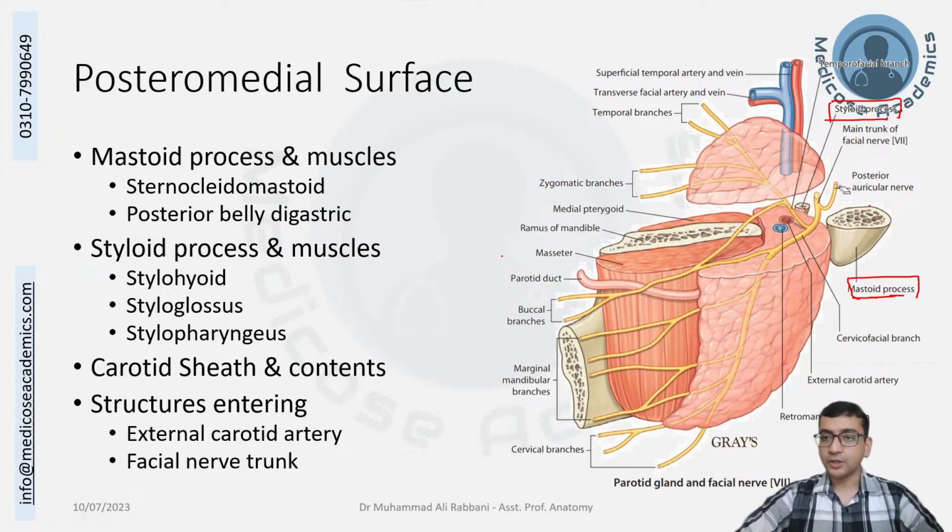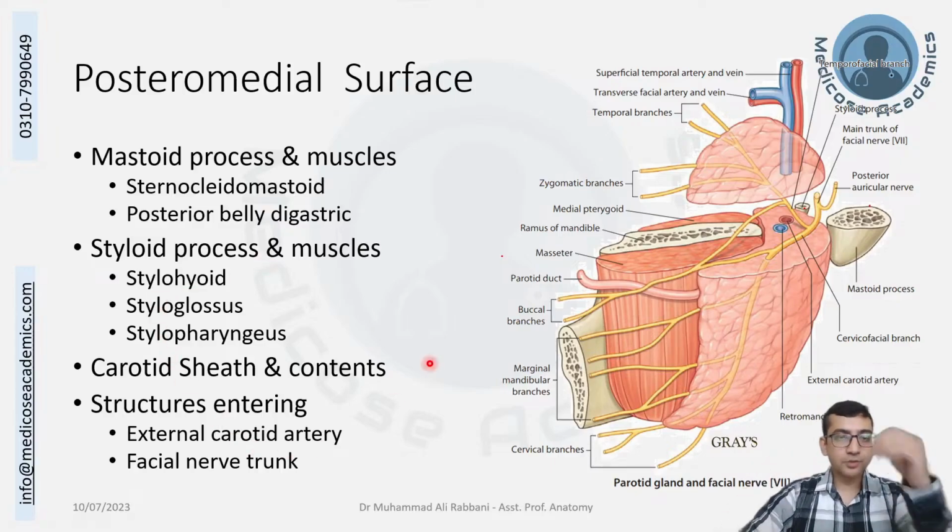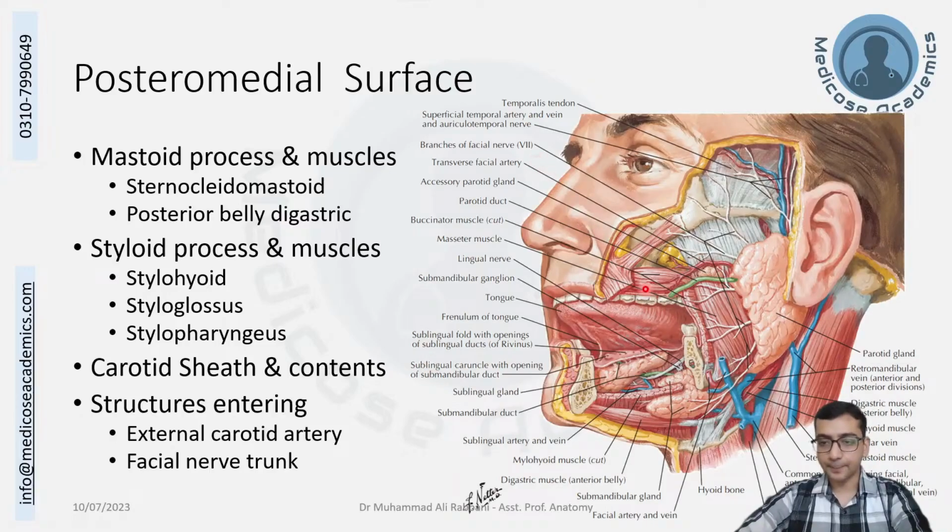We talked about the exiting branches of the facial nerve and the external carotid artery. They have to exit somewhere, and this is this surface. The facial nerve is exiting here, and the external carotid artery is coming upwards and entering from this posteromedial surface. These are attached to the posteromedial surface of the parotid gland.